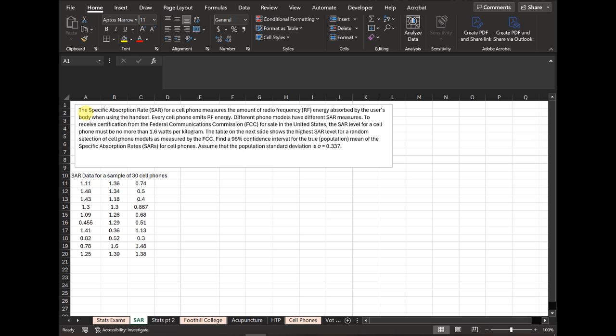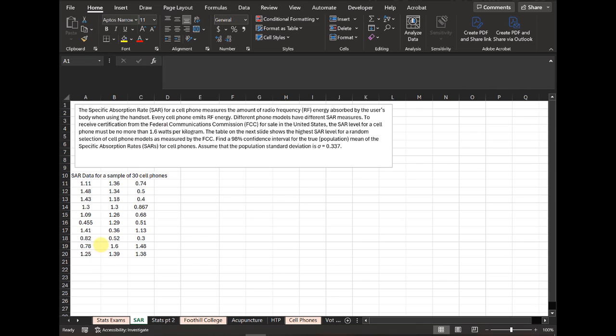So for this example, we have that the specific absorption rate for a cell phone measures the amount of radio frequency energy absorbed by the user's body when using a handset. Every cell phone emits radio frequency energy. Different phone models have different SAR measures, so that's your specific absorption rate. To receive certification from the Federal Communications Commission for sale in the U.S., the SAR level for a cell phone must be no more than 1.6 watts per kilogram.